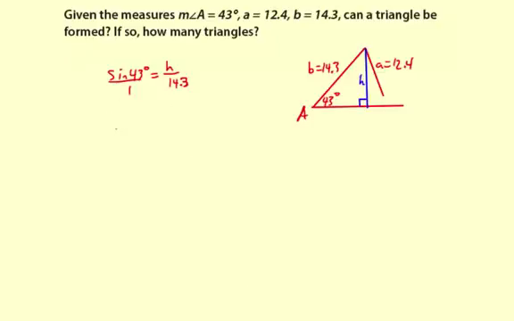And then we'll cross multiply. 1 times h is h, and that equals 14.3 times the sine of 43 degrees. So we'll do that on the calculator, and then we can decide how many triangles.